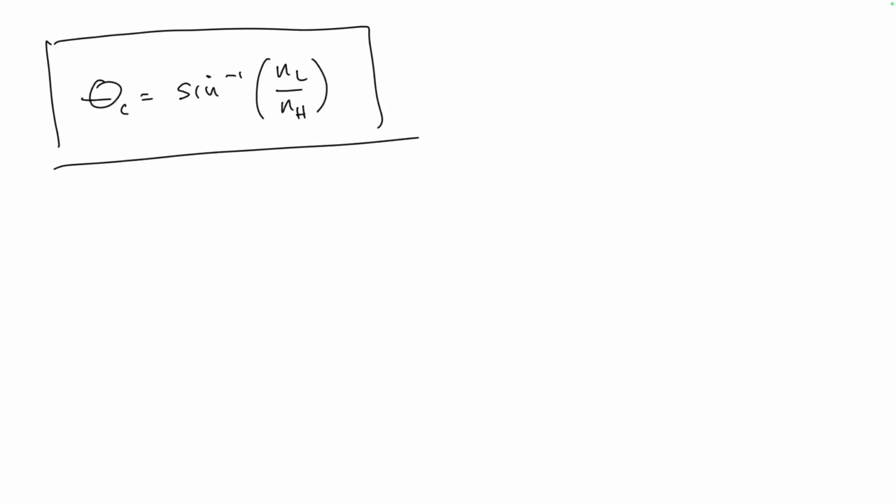There's no transmission, there's no refraction, the light is going to stay in the material. That angle only occurs if light is trying to get out of a higher index and into a lower index of material. Okay? So at this angle, of course measured from the vertical, the light will be totally internally reflected.